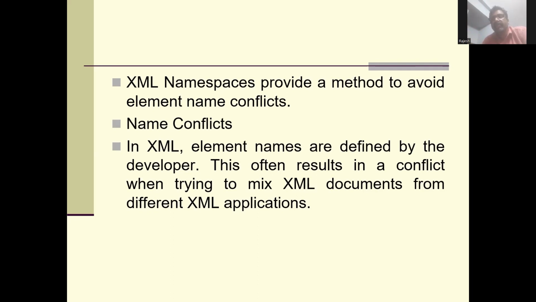The HTML table has table row and table data as children. These are two different applications. If they are combined or merged in the same application, the names should not collide. For that purpose we need to have the namespace. Go to the next slide.